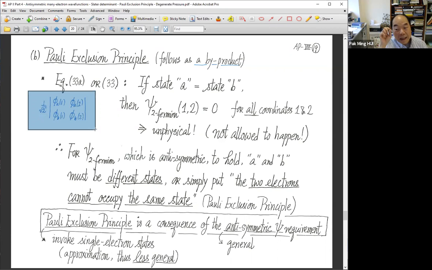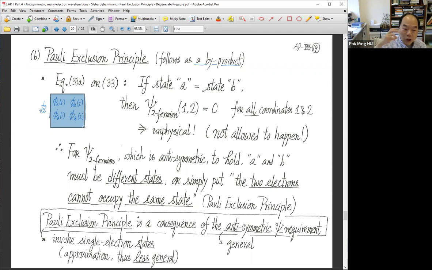But in this statement, conceptually, we are already making use of single particle states, the phi A and phi B. That is already an approximation behind this statement, because the 2-electron wave function in general cannot be decomposed into a product of single electron states. Here, we make the approximation, we rely on this Hartree-Fock self-consistent calculation.